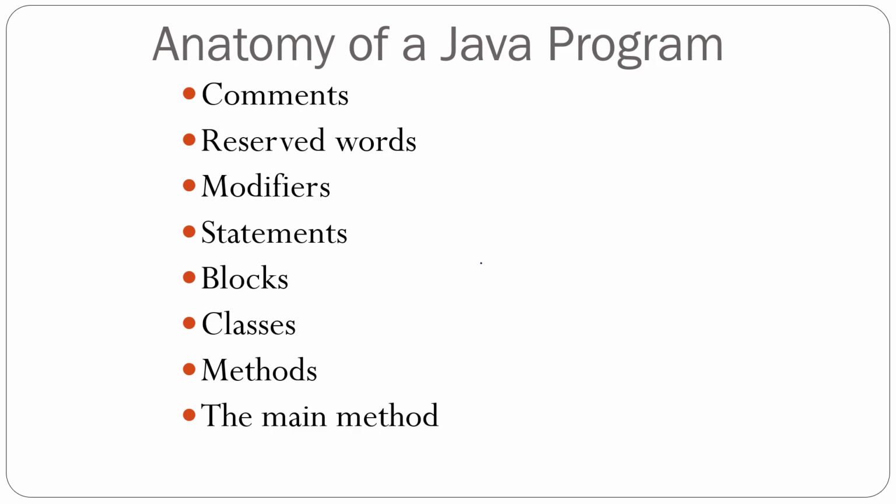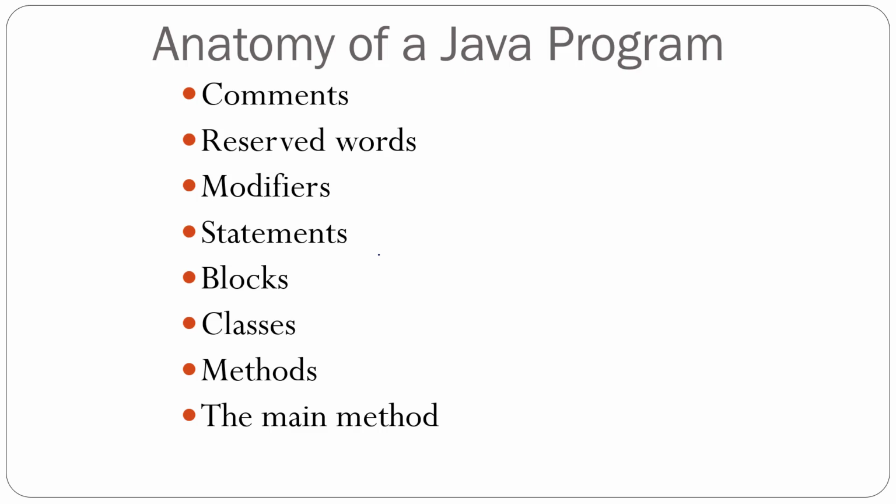When we are using these reserved words, we should be mindful that this will have an impact. When you say class, then Java will understand that you are about to create a class. Similarly, when you say public, you are saying that your class should be accessible to everyone. So some of the reserved words are used as modifiers. Like public is a reserved word which is an access modifier.